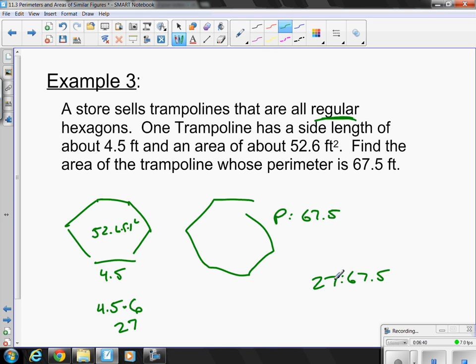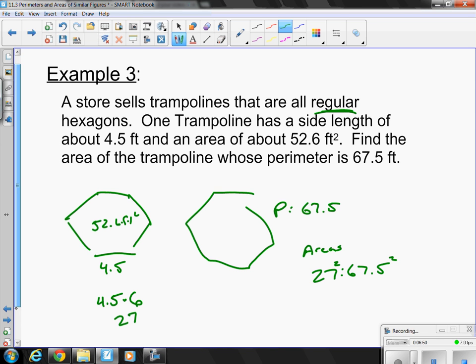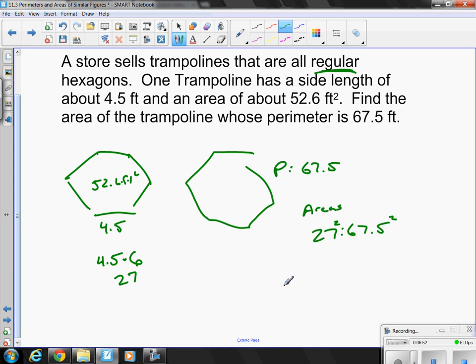So what's going to be the ratio of the areas? We're going to square that. So this is the ratio of the areas. And now I can use this to set up a proportion. 27 squared over 67.5 squared. Now remember, the 67.5... oh, I messed up.